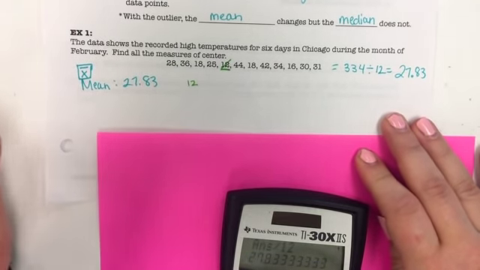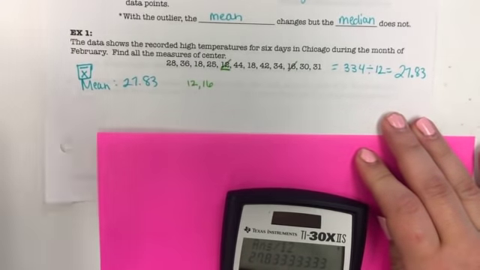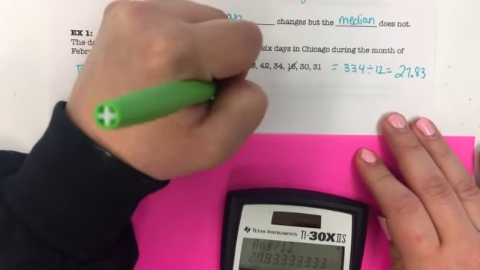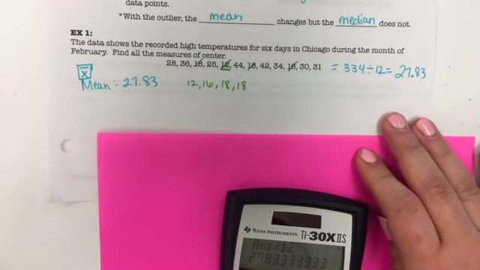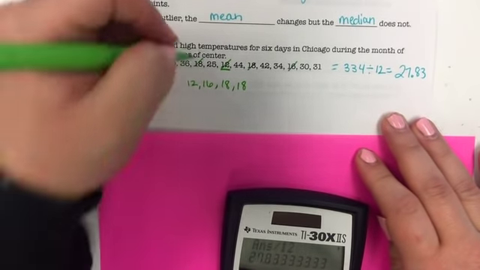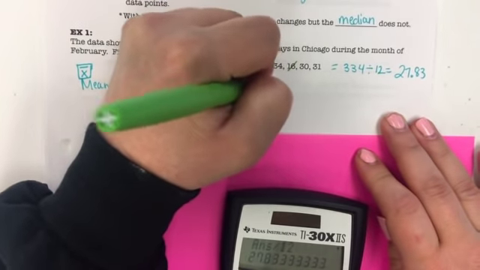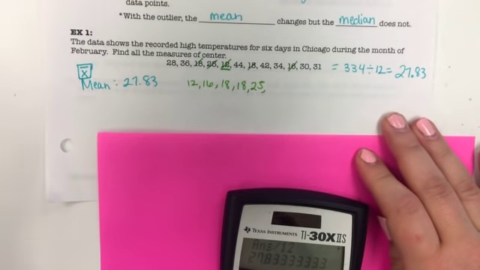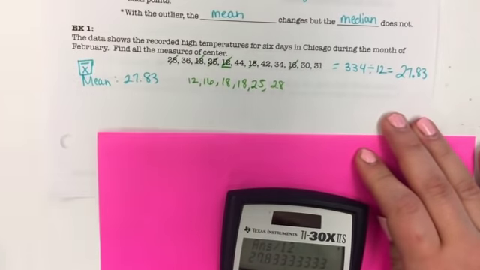And then we'll find the next smallest number, which is 16, cross it out, and then 18, cross it out, and then 18 again. Then it should be 25. It gets a little bit easier as you go because you get rid of more numbers. So next would be 28.